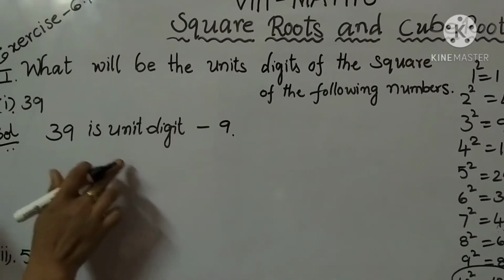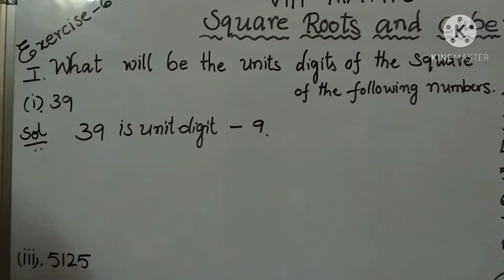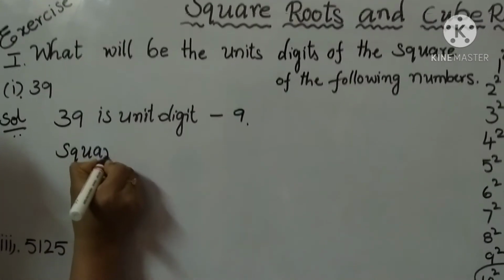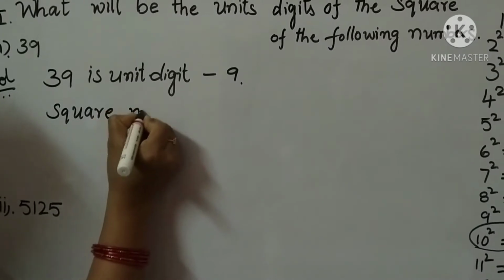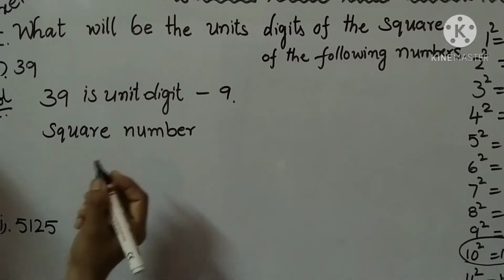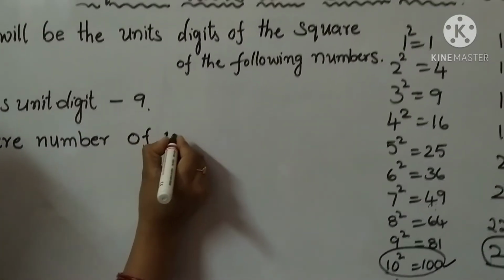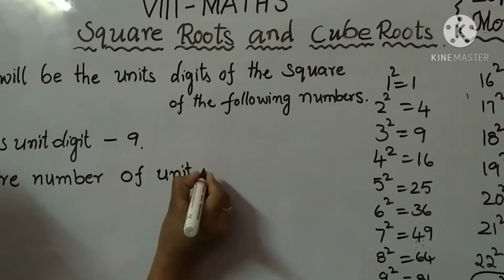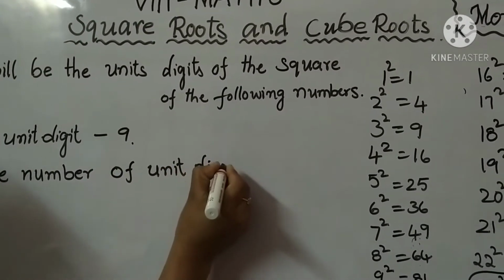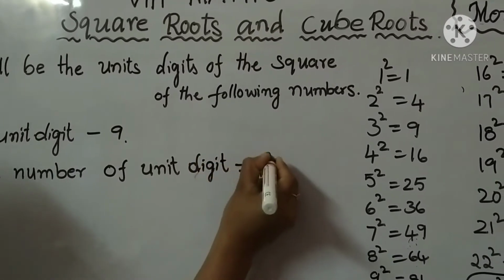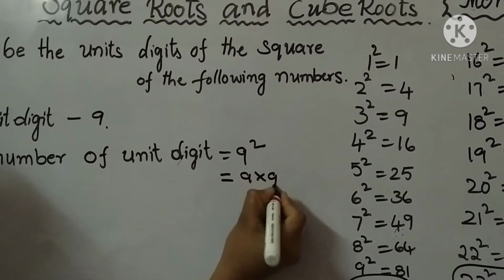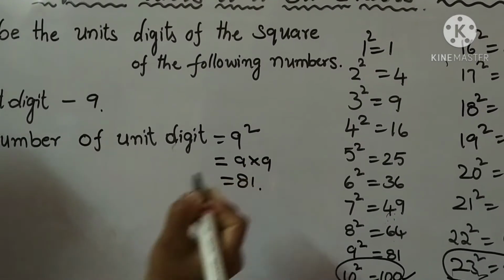The square of the units digit means 9 square, so 9 into 9. 9 nines are 81.